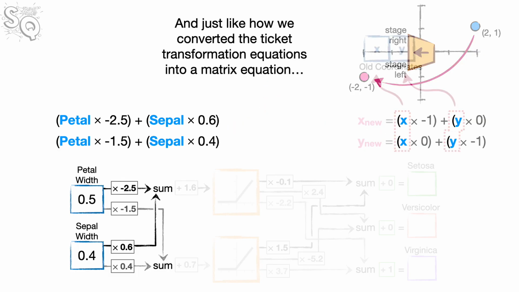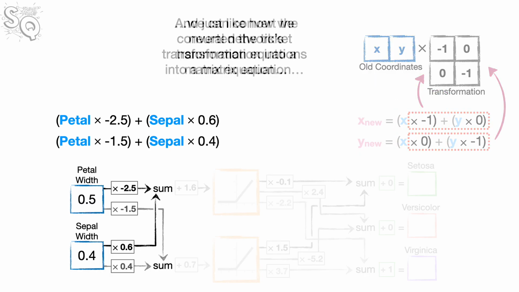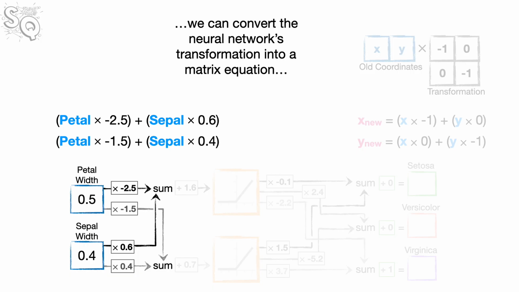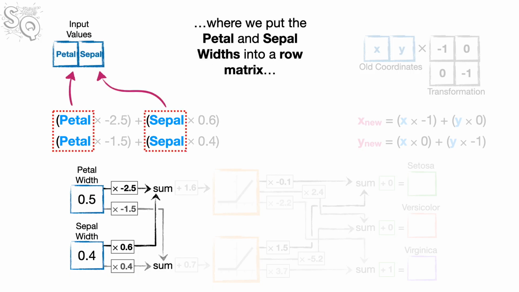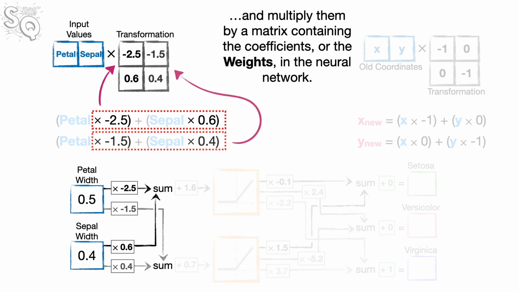And just like how we converted the ticket transformation equations into a matrix equation, we can convert the neural network's transformation into a matrix equation, where we put the petal and sepal widths into a row matrix and multiply them by a matrix containing the coefficients, or the weights, in a neural network.